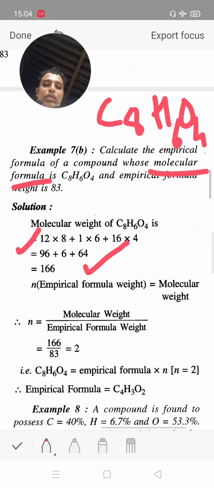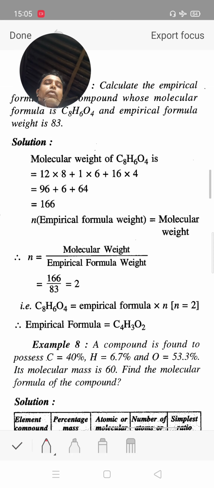Now, we calculated the molecular weight of this formula. Now we find the value of n. It is used for calculating the molecular formula from the empirical formula.